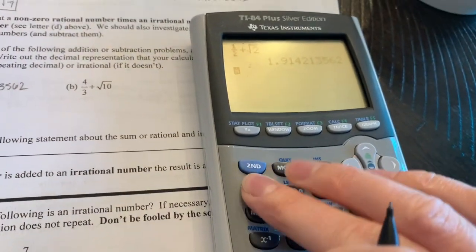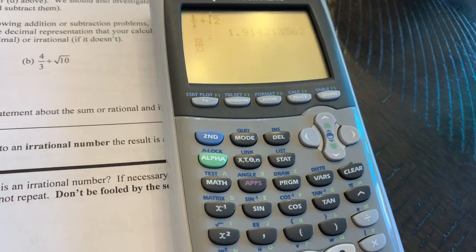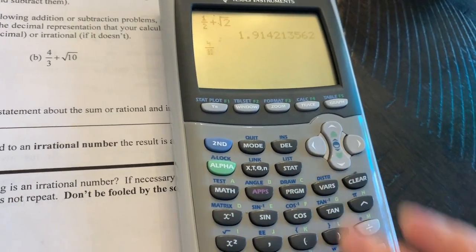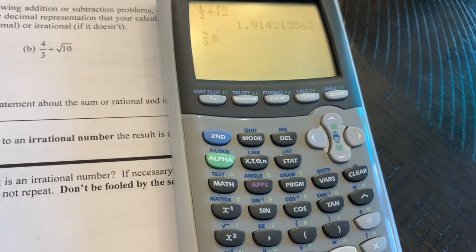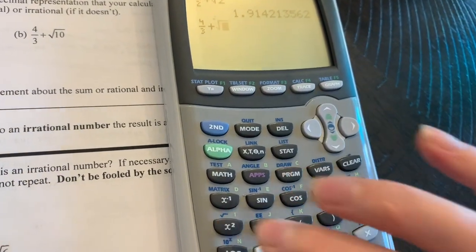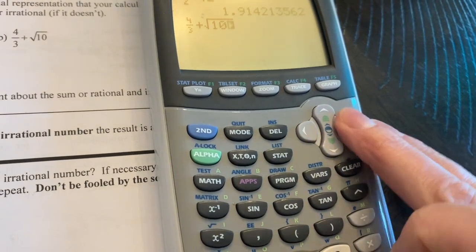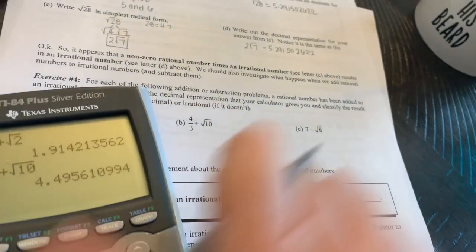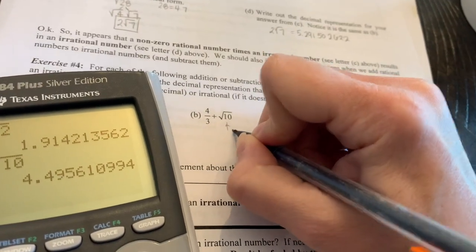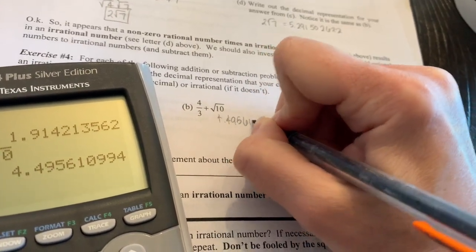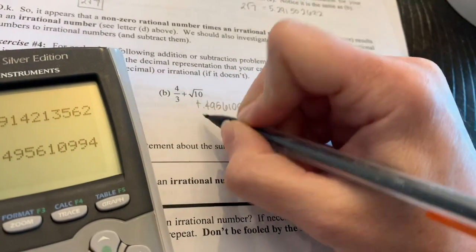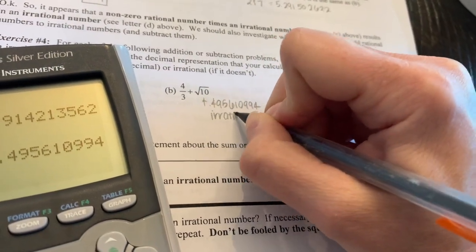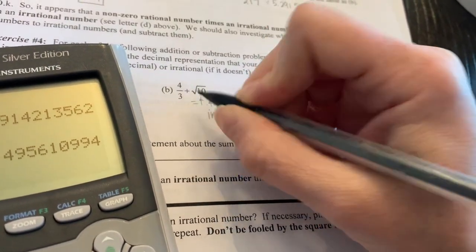Again, you can use alpha y equals to get your fraction button. 4/3 plus square root of 10. And again, another irrational number, 4.495610994. That's irrational.